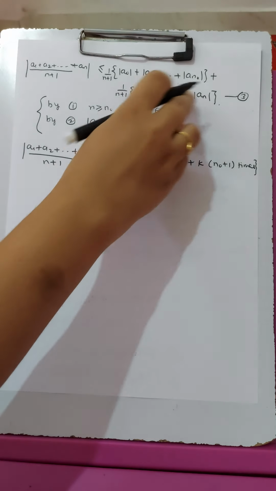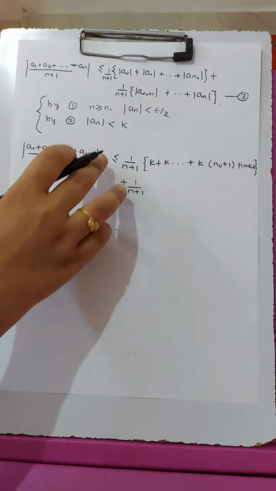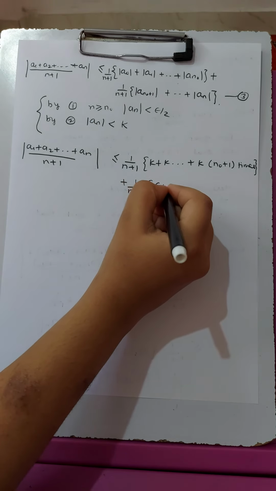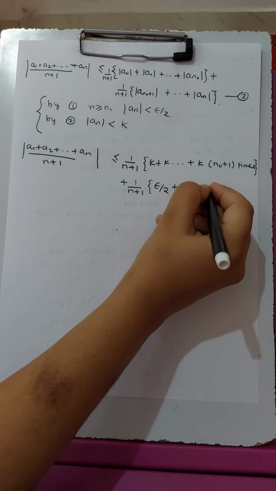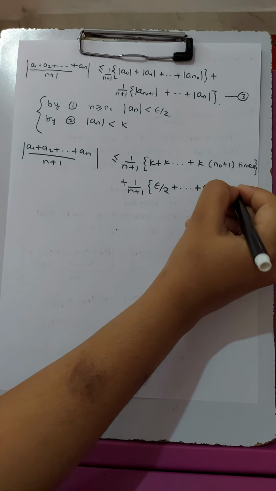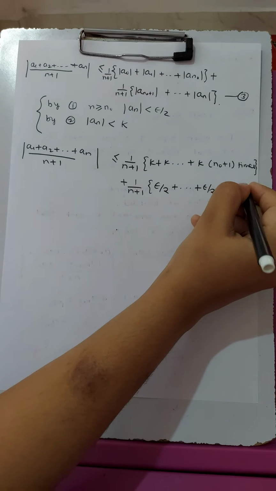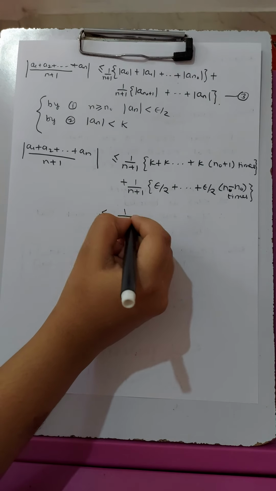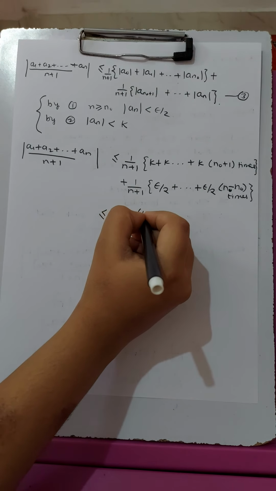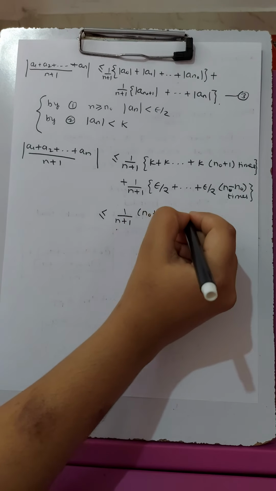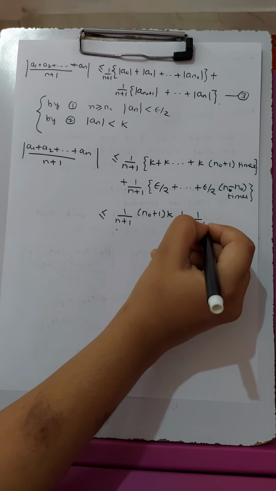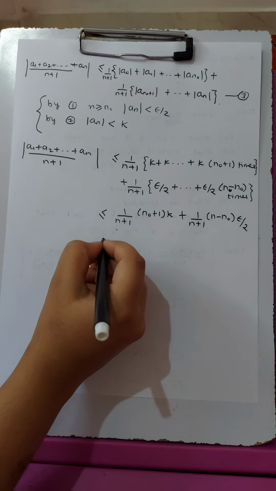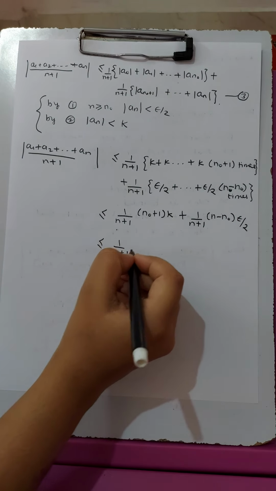These terms are for n greater than n0, so all these terms will be less than epsilon by 2, plus epsilon by 2 up to n minus n0 times. So this implies 1 upon n plus 1 times (n0 plus 1) k, plus 1 upon n plus 1 times (n minus n0) epsilon by 2.